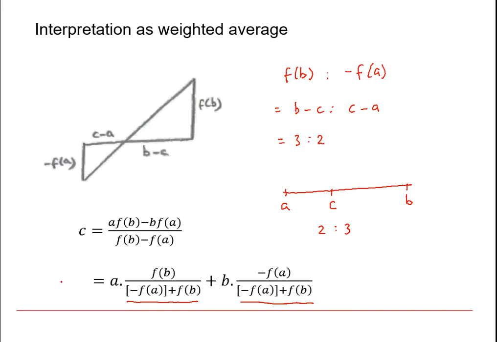So what this formula, the new version of the formula down here, is saying is that we're taking a weighted average of A and B, and in the diagram here we've got C is closer to A, so we want a larger proportion of A than B. So in this particular case we would want 3/5 of A and 2/5 of B. So the formula down here is just a general version of that.